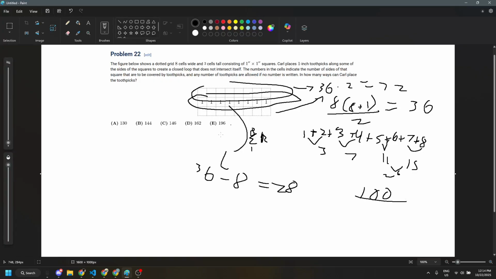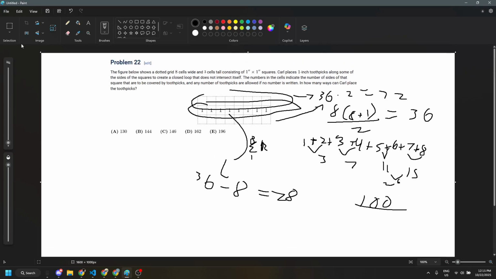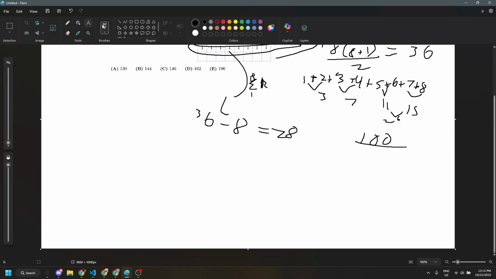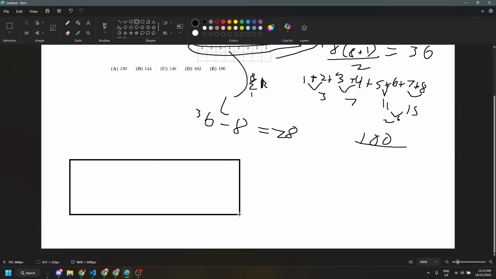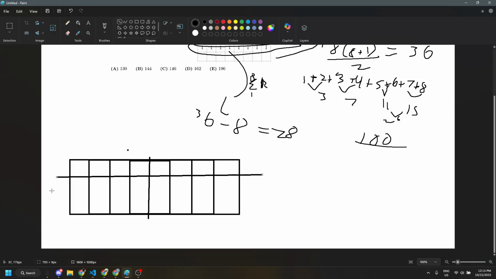So that's all the ones that I identified, but I don't know how else we can configure it. Oh shoot, I saw something. If we have the grid, and then we just have, how should I make it? Like this, and then like this, and then like this, and then like this.